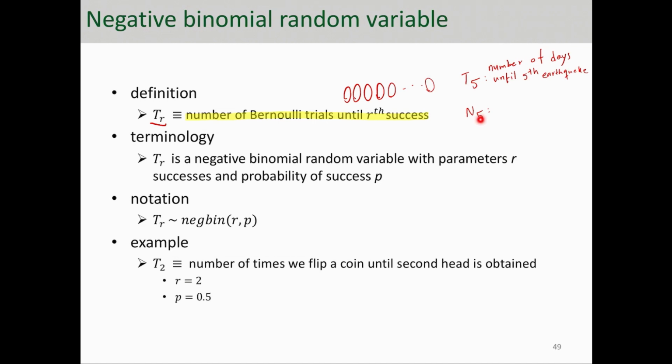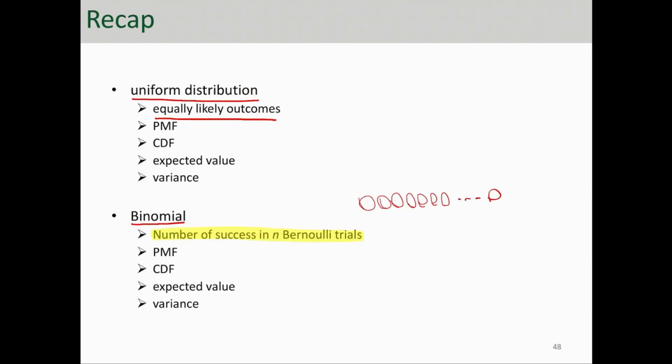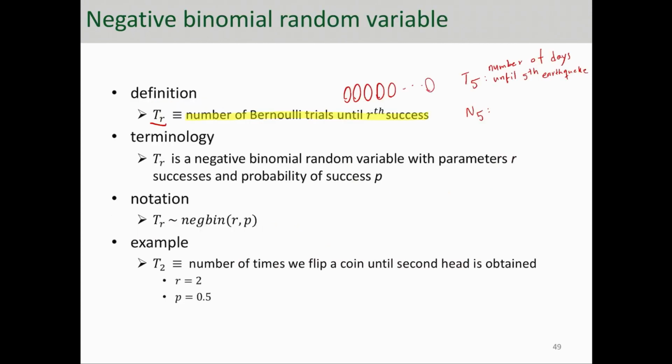But what about N5? N5 is number of successes in n Bernoulli trials. So that means number of earthquakes in 5 days. So you can here now contrast the difference between negative binomial and binomial.